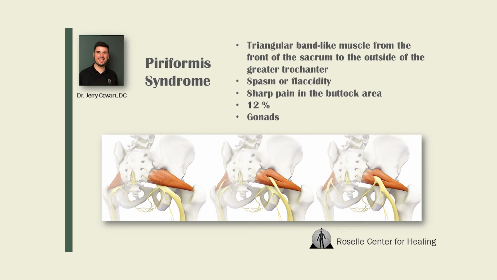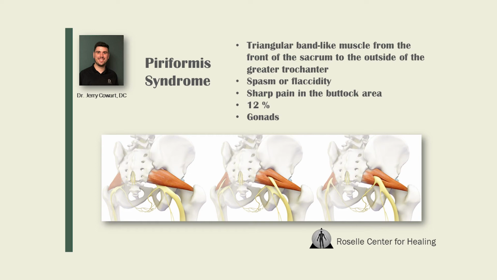And so if the piriformis muscle is flaccid or inhibited or not working properly, it's likely that it's not working properly due to maybe organ function. So if it's male, it could be someone with prostate issues, or if it's female, it could be someone whose ovulation hormones are just not working properly.